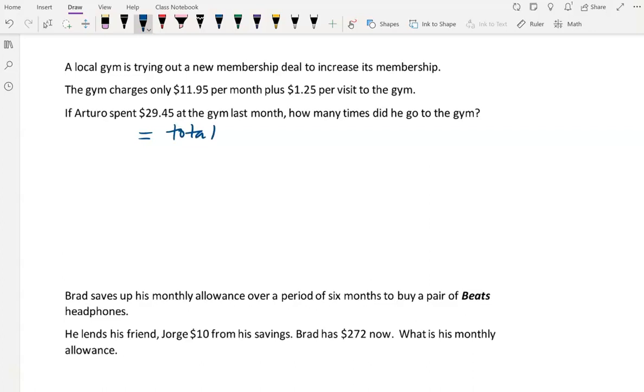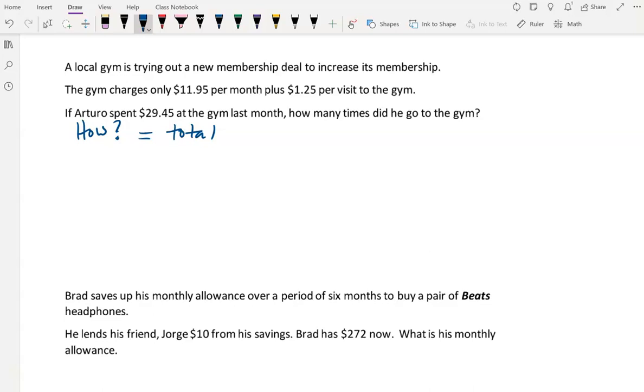What is the total amount, or the end result that we're going for? On the other side of the equal sign, I always like to put down the how. How are we arriving at that total? What mathematical calculations do we have to do to get that total? And that's where I start out.